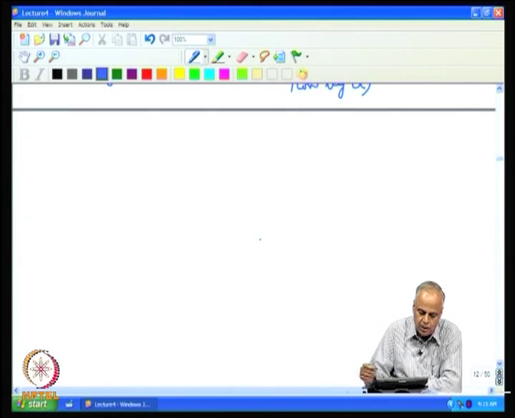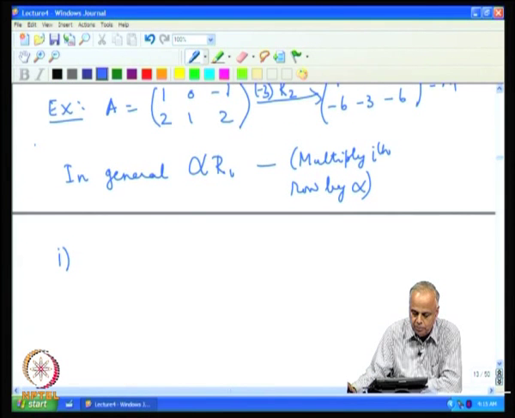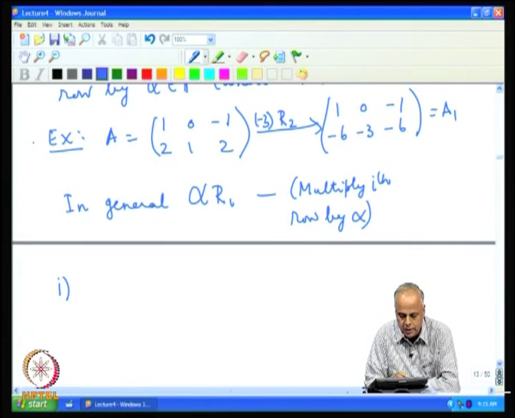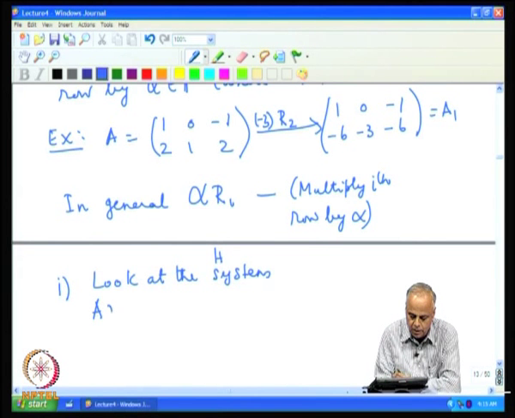So, again we observe some simple properties of the elementary row operation of type 3. Now, look at the above example. Look at the homogeneous systems, Ax equal to theta, in this case m is 2, n is 3.